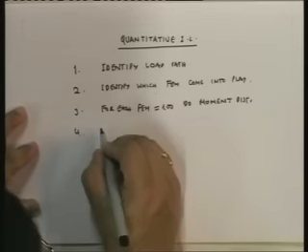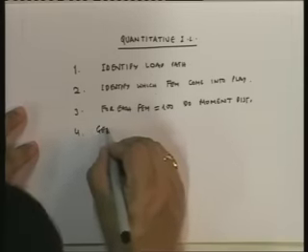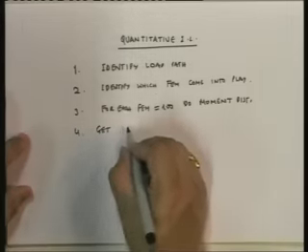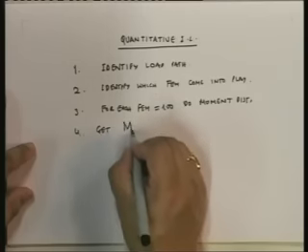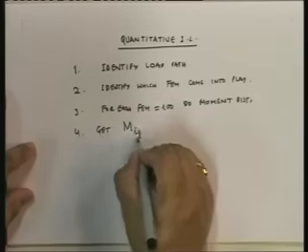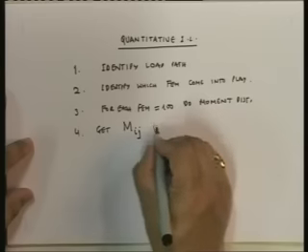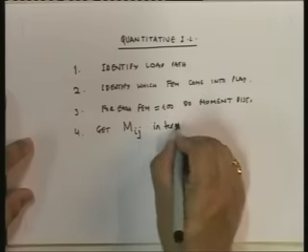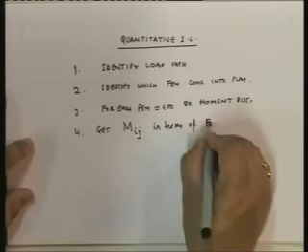Once you do all of those, then you get member end moments, Mij, in terms of fixed end moments.